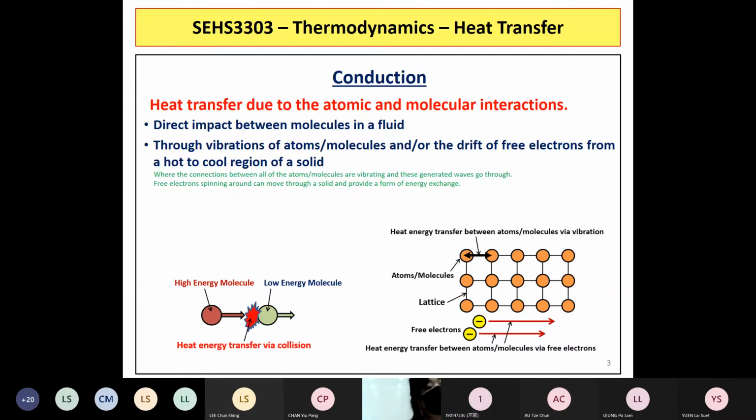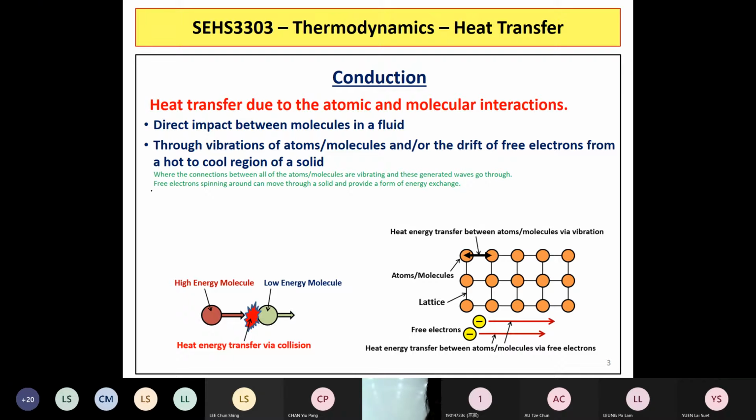For fluid and solid, the mechanisms for conduction are different. Let me explain more.